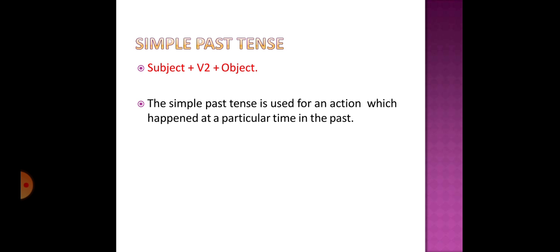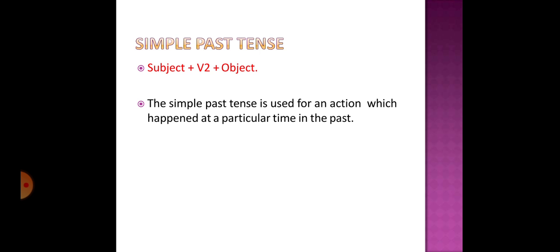For example, if I say, she abused him, they went to Delhi yesterday, all this indicates that these actions were done in the past. It also denotes a habitual action in the past. She worked in the school for 8 hours a day, so that is her habitual action.